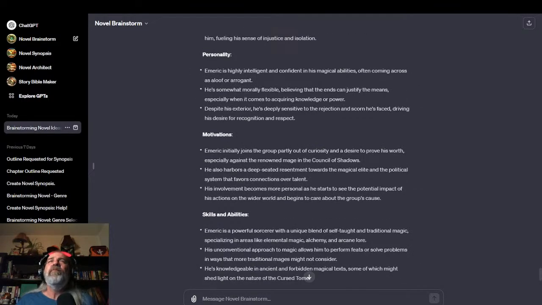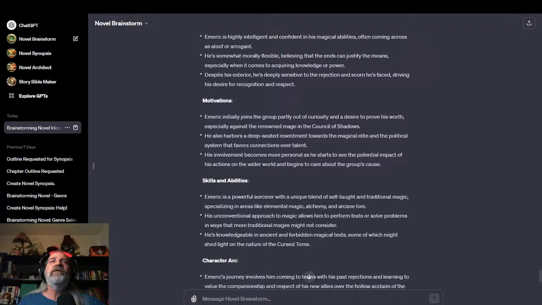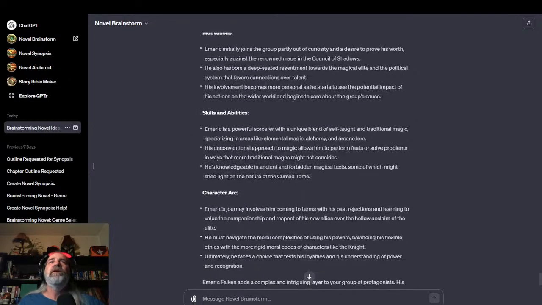Initially joins the group partly out of curiosity and desire to prove his worth, especially against the renowned mage in the Council of Shadows. He also harbors deep-seated resentment toward the magical elite and the political system that favors connection over talent. His involvement becomes more personal as he starts to see the potential impact of his actions on the wider world and begins to care about the group's cause.